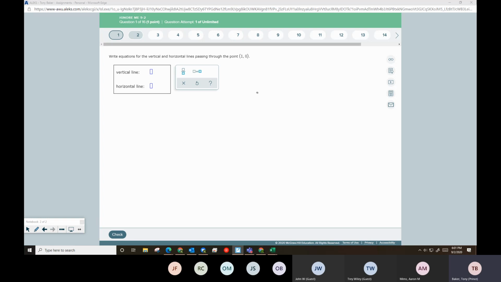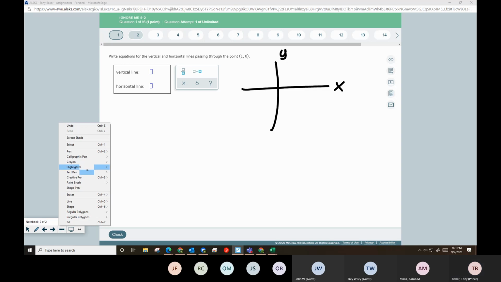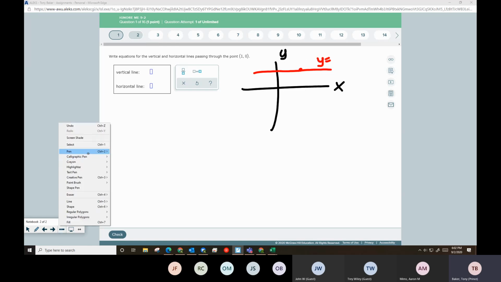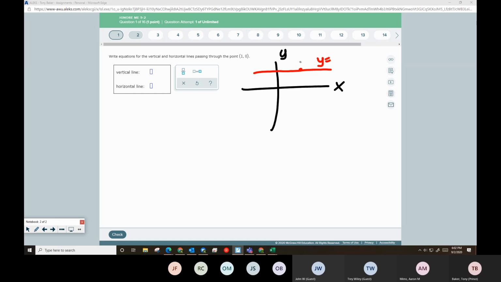So if we look at a graph, that's my y-axis and that's my x-axis. But when we look at a point on that graph, so say I have a point right there. If I was to draw a horizontal line through that point, it hits the y-axis. So the horizontal line is actually y equals, where the vertical line is x equals.